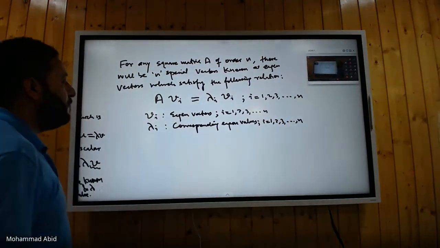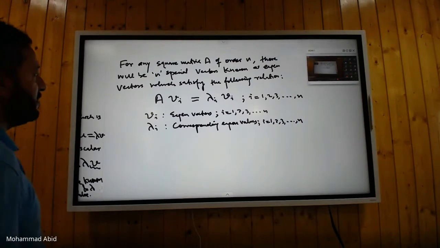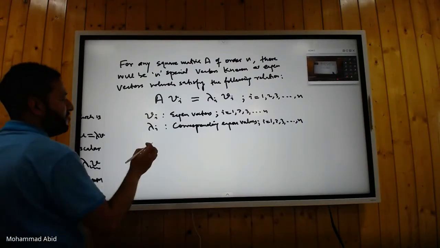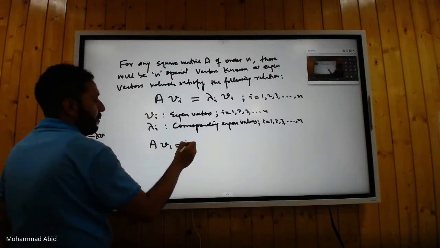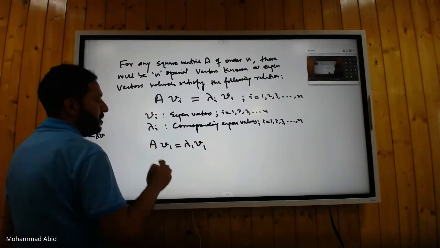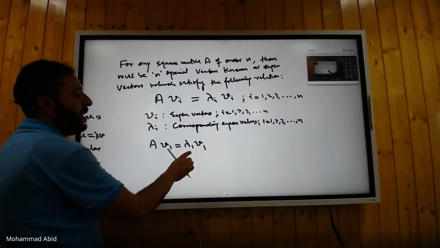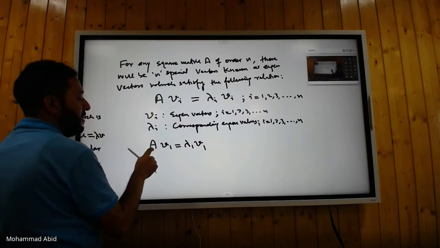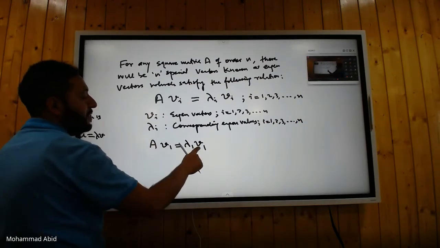So that means for any n cross n matrix, you will have the following relationships: A V1 equals lambda 1 V1. This is the first eigenvector, and this is the corresponding eigenvalue, the scaling factor. That means when you pre-multiply this V1 by matrix A, whose eigenvector it is, you will end up with another vector in the same direction.